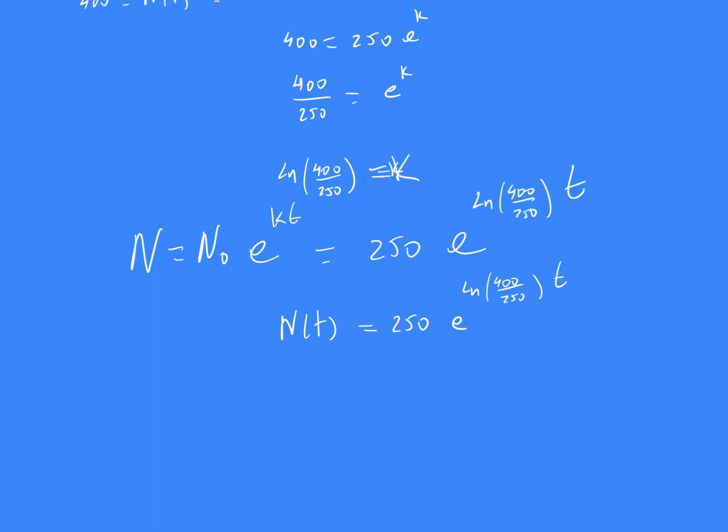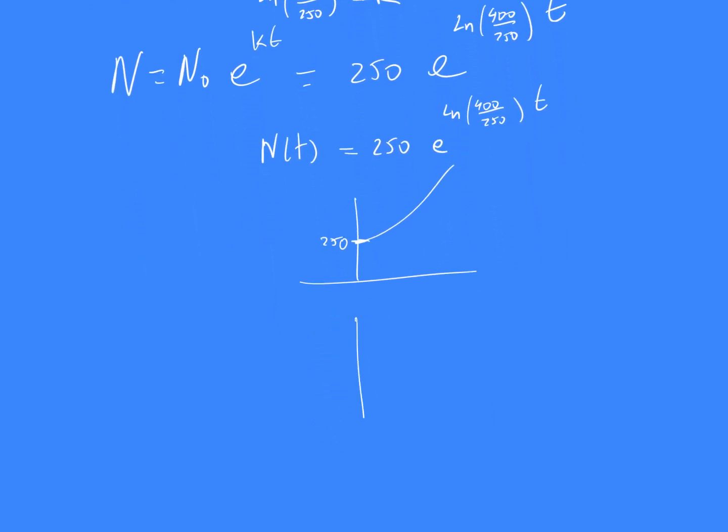And pay attention that the k is positive, because it is the natural log of a number that is bigger than 1. So the N of t starts at 250 and grows exponentially. The slope here is not 0. So let's represent it here.